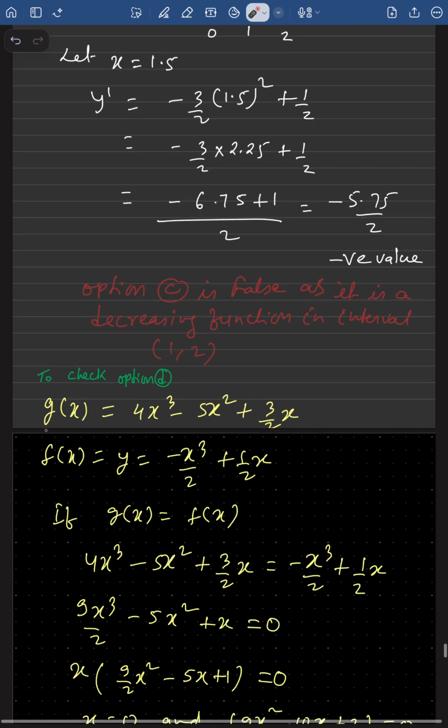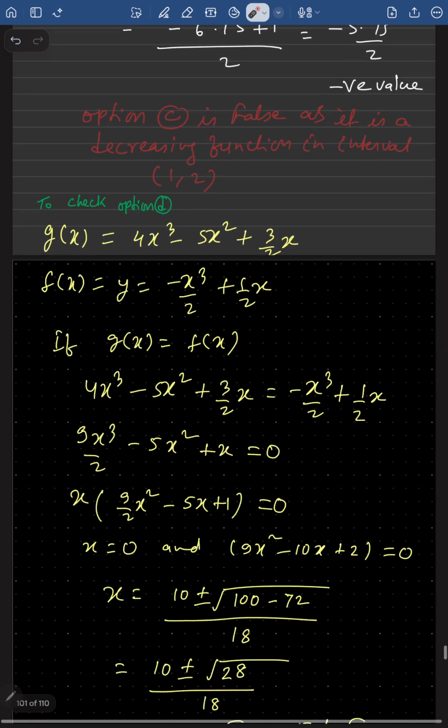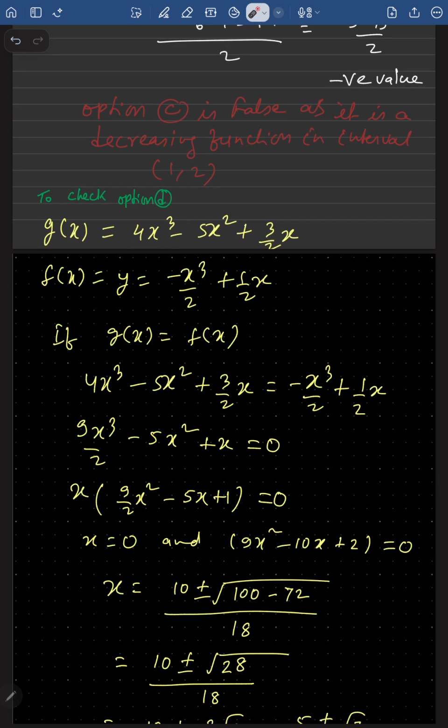In D, it is given that gx and fx are the same and x is belonging to this interval again. In that case, you have to find how many solutions you will get by equalizing these two terms. So let us see. If gx equal to fx, and gx was this in the question, so 4x power 3 minus 5x square plus 3 upon 2x equal to minus x cube upon 2 plus 1 by 2x.